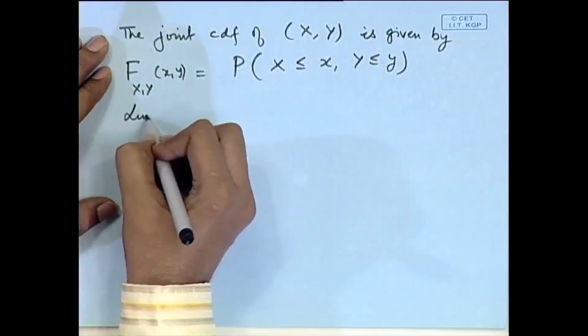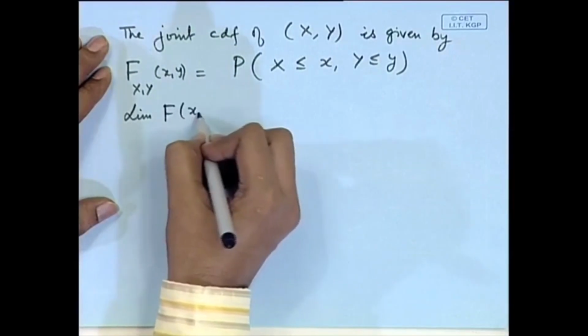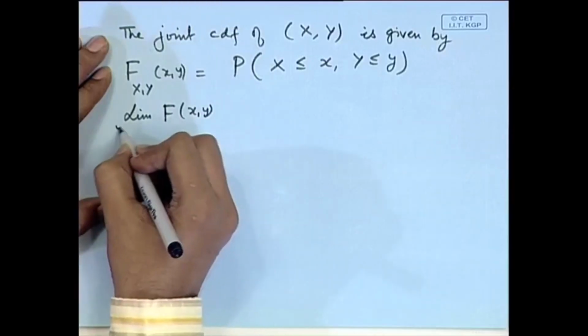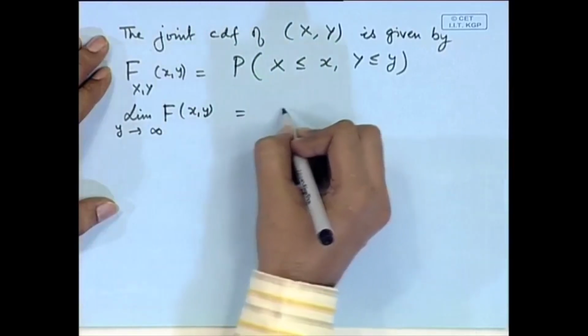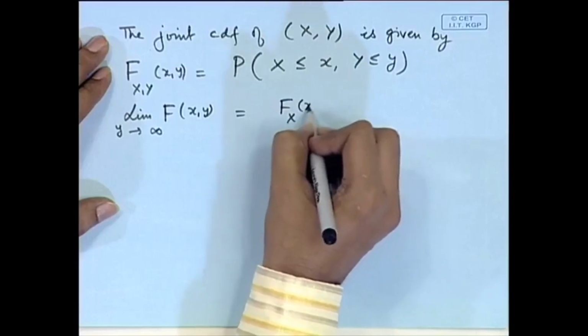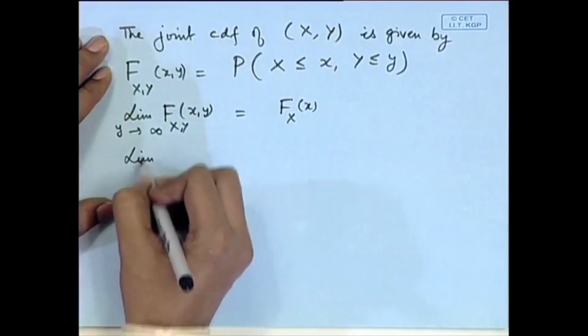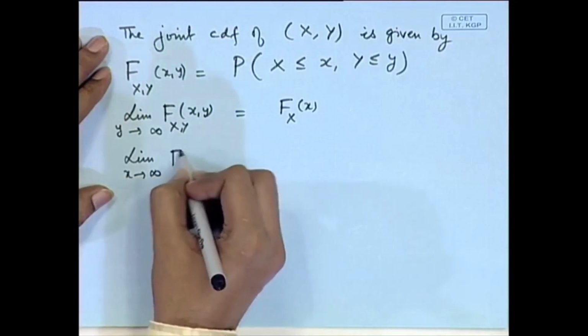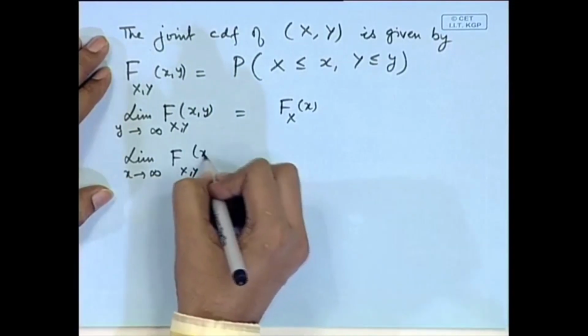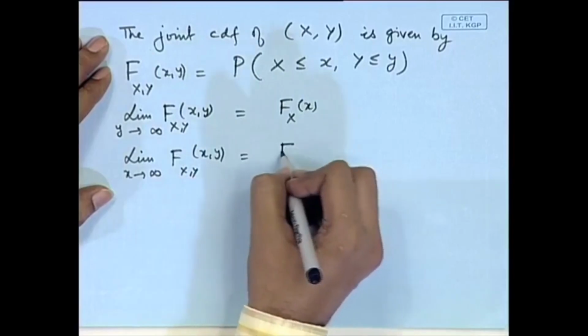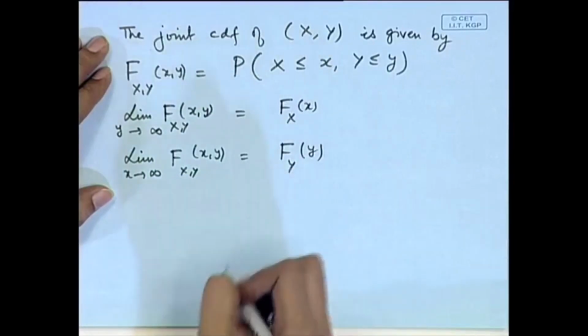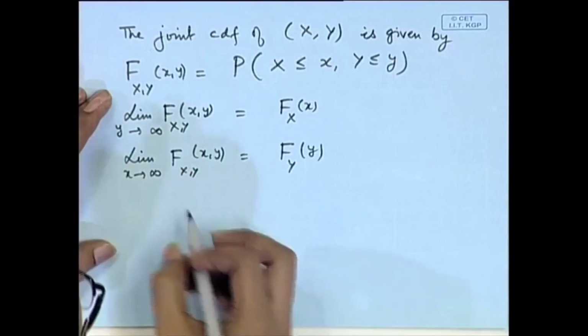So, for example, if I take limit of f x y as say y tends to infinity, this gives the marginal CDF of x. If we take limit as x tends to infinity of the joint CDF, this gives us the marginal CDF of y.